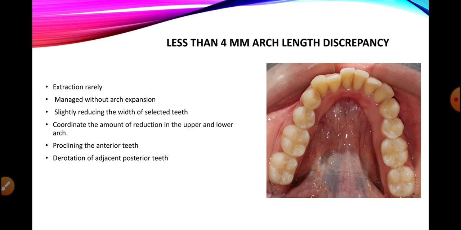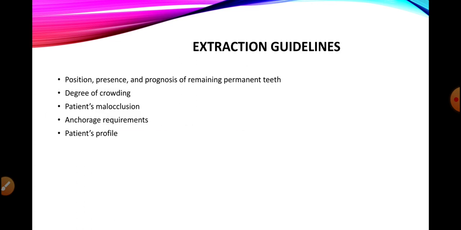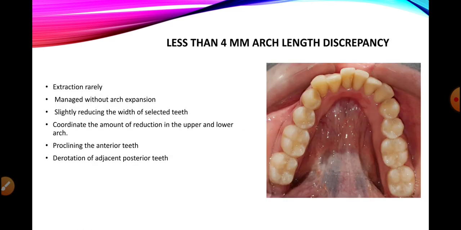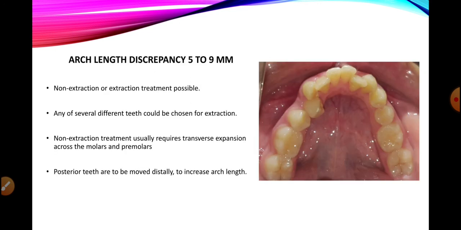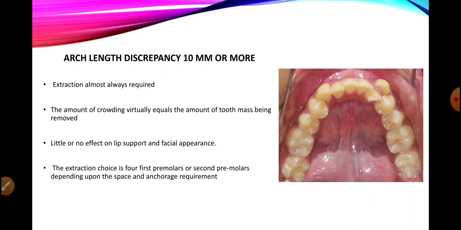So till now about crowding, what we have studied is that if it is mild crowding, extraction is usually not advised. In moderate, extraction or non-extraction decision is variable, and in cases of severe, we have to go for extraction, usually extraction of all first premolars or the second premolars depending upon the anchorage requirement is planned.